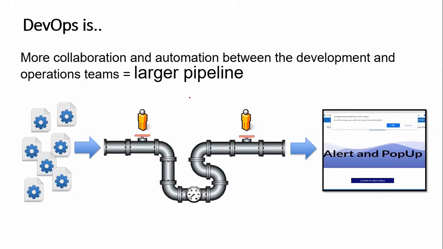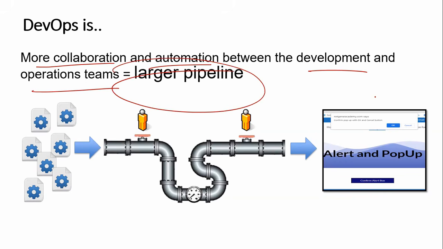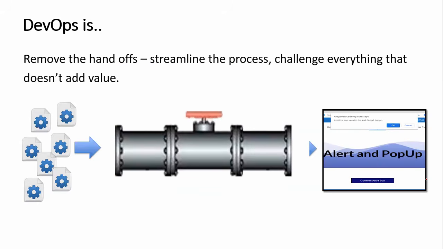It's more or less a collaboration and automation between the development and the operation team. A very large pipeline from here till here. Two teams come into the picture before going into production, and it removes the hand-offs and makes a streamlined process.